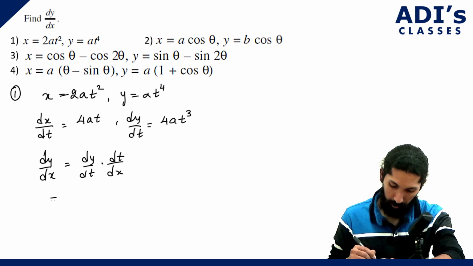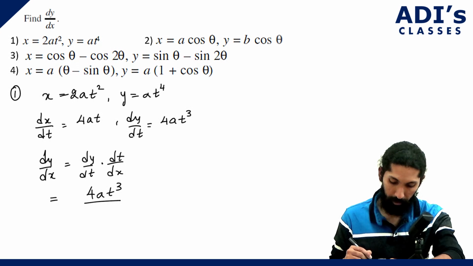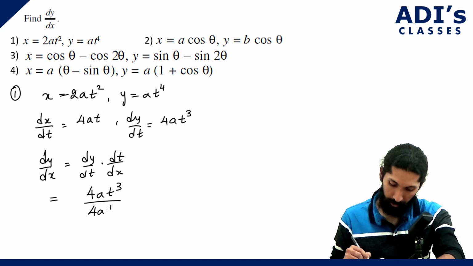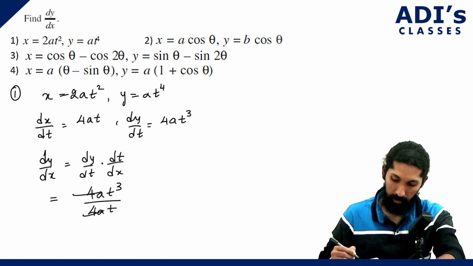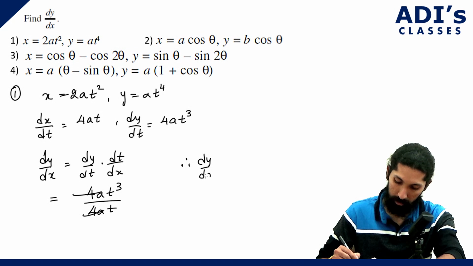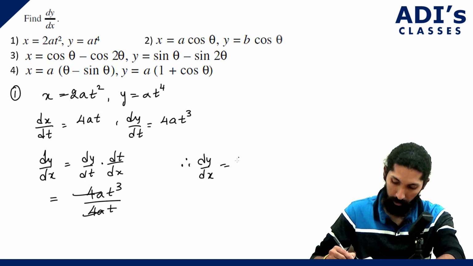So this is going to be 4at cube divided by 4at. Cancels. So what do you get? Therefore, dy by dx is equal to t square.